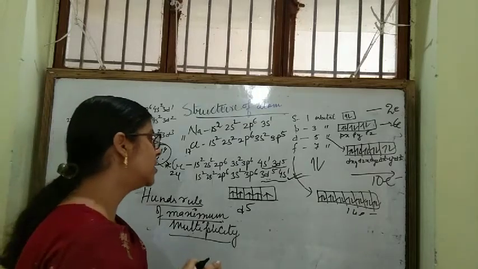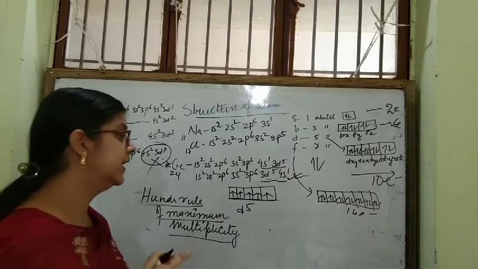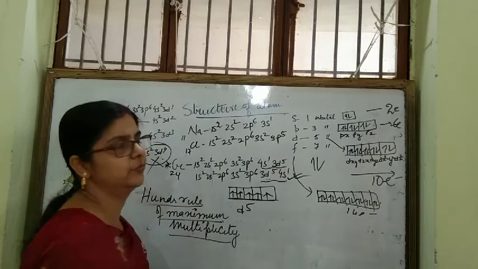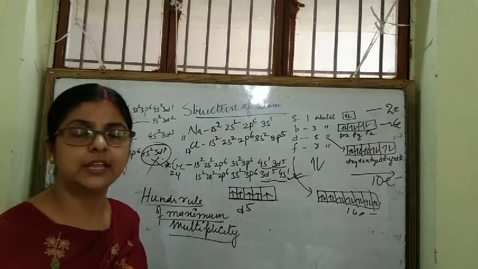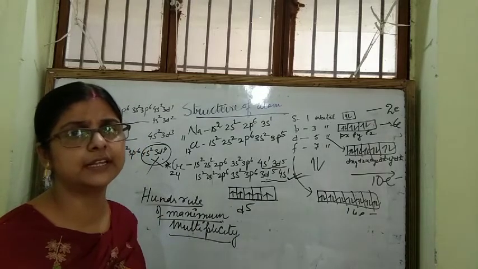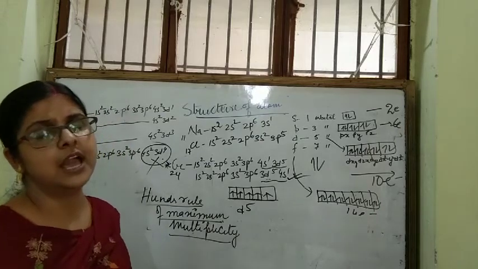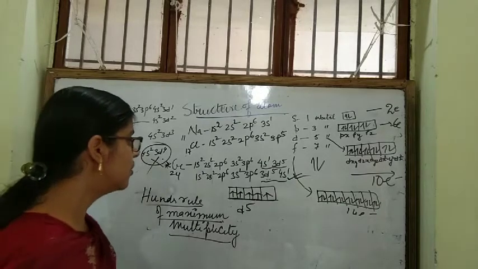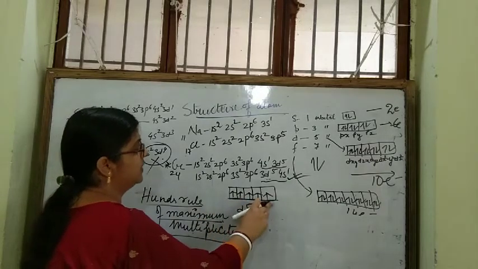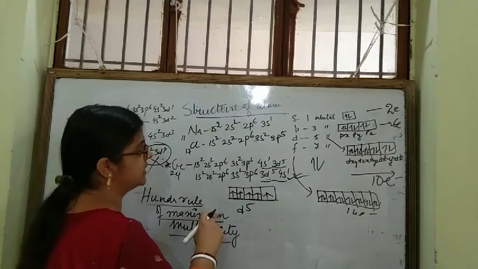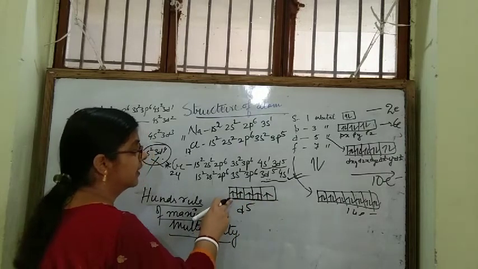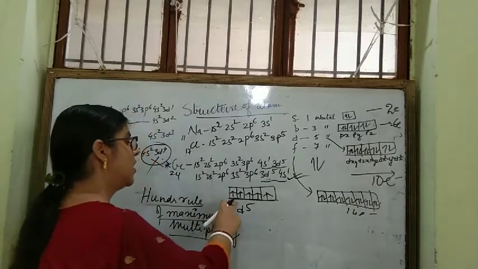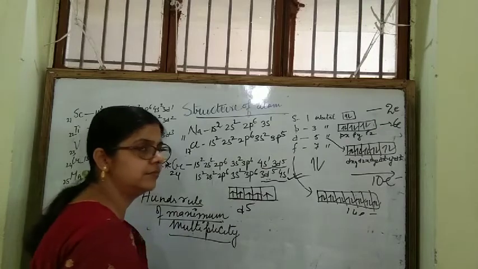If electrons are to be filled in these orbitals, they will be filled first singly, and then pairing of electrons will take place. So I have filled the electrons in these 3d orbitals according to Hund's rule of maximum multiplicity. Each orbital has one electron.